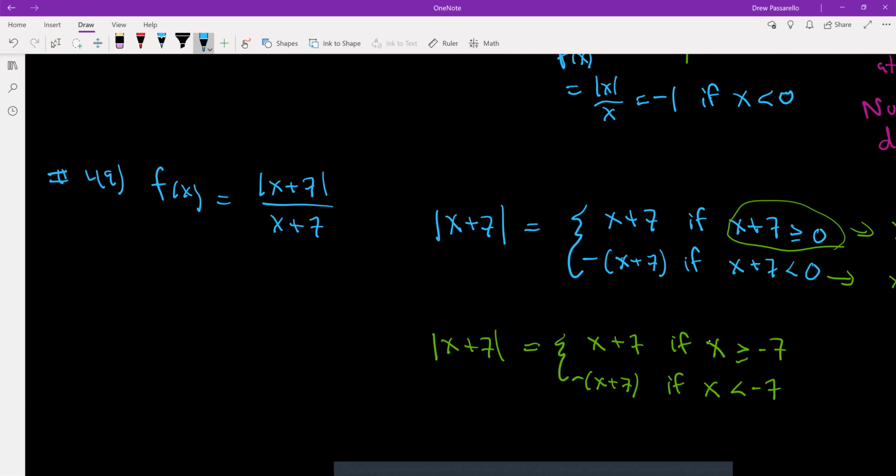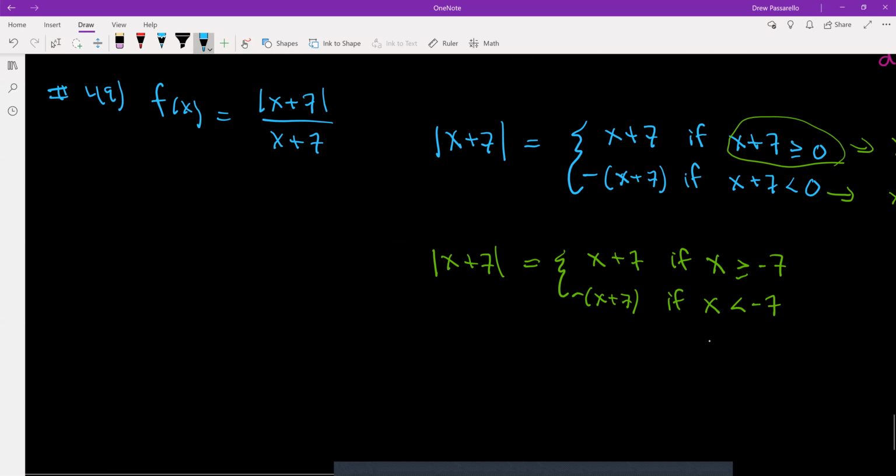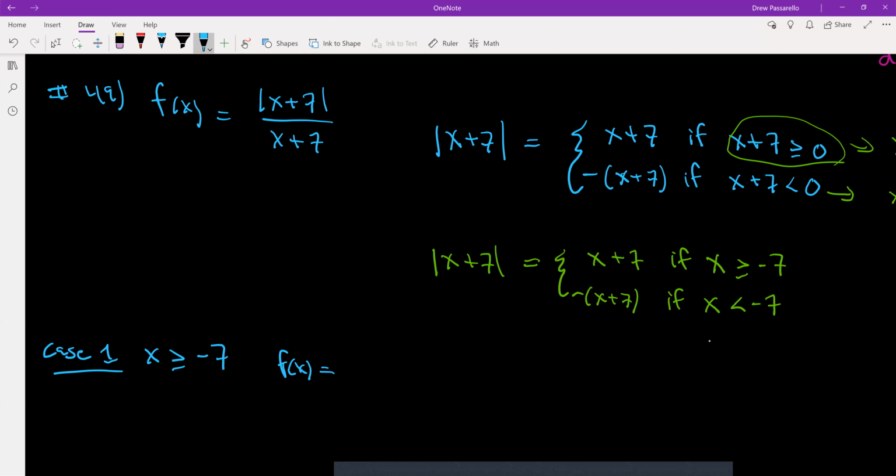So the first case is if x is greater than or equal to negative 7. Then the function f of x, which equals absolute value of x plus 7 over x plus 7, is going to be equal to, so I'm focusing on the first case, x plus 7 over x plus 7, so that divides out to give me 1.